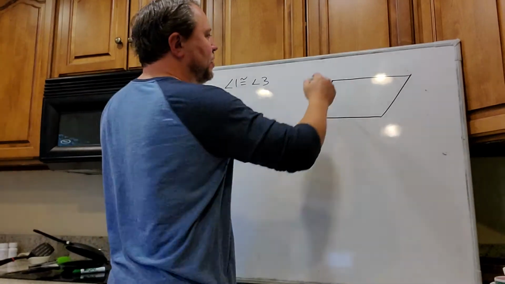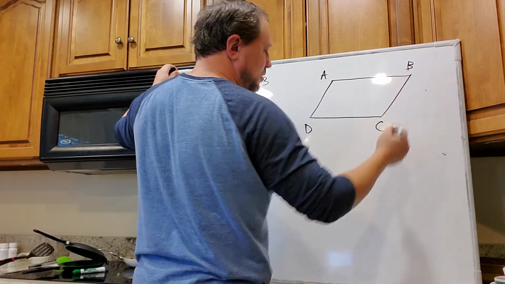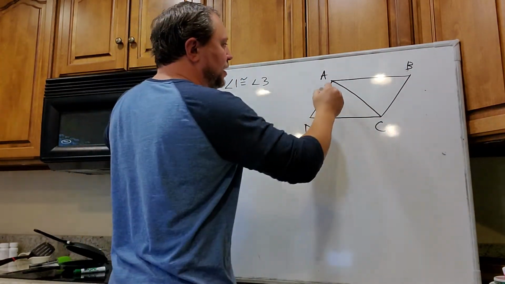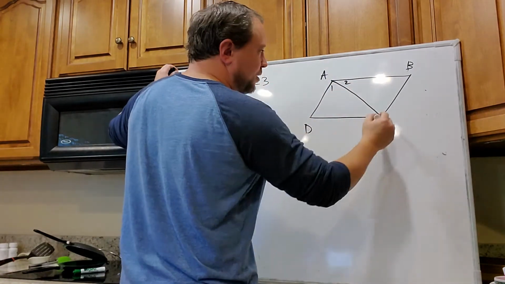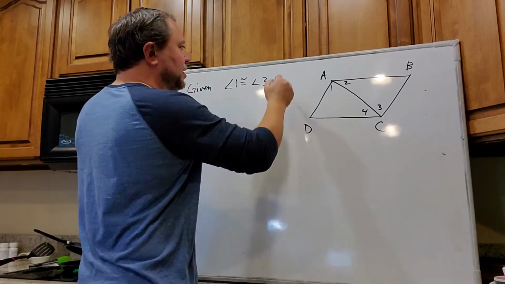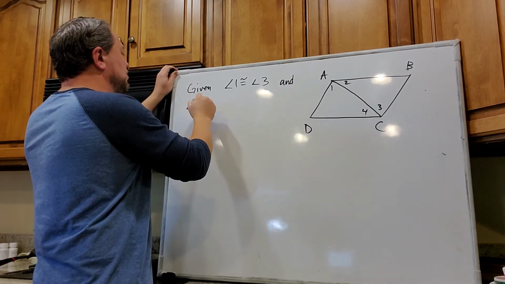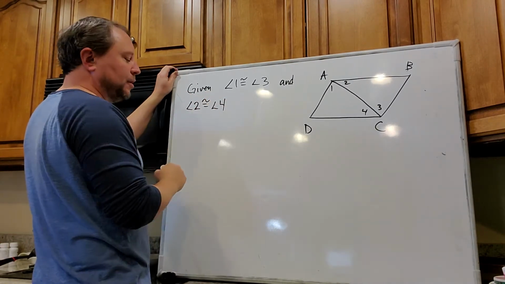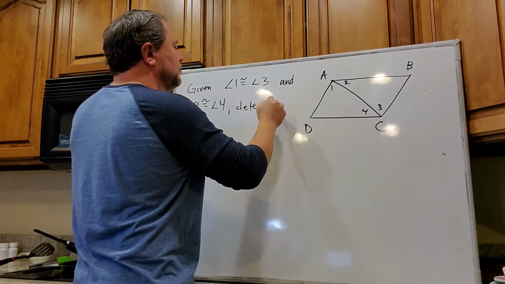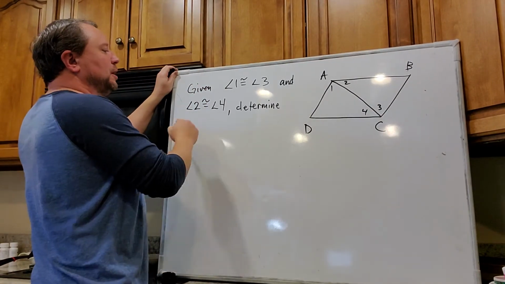We're going to have a parallelogram shape here, A, B, C, D. We're going to draw one diagonal here. There's 1, 2, 3, and 4. So if you're given that 1 is congruent to 3, and that 2 is congruent to 4, they want you to determine if the quadrilateral is a parallelogram.